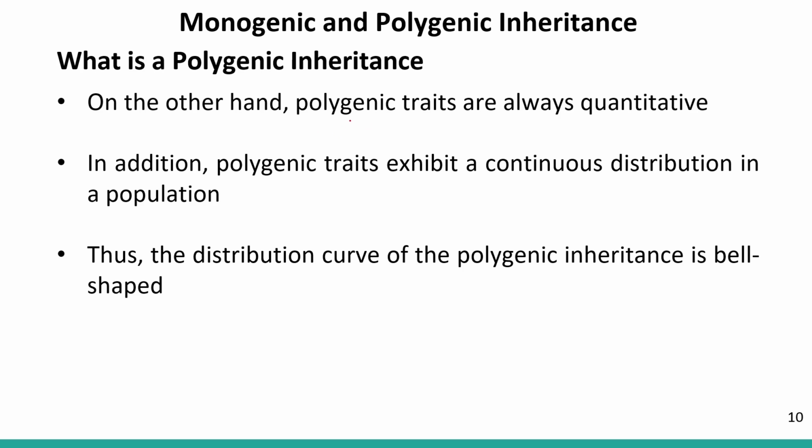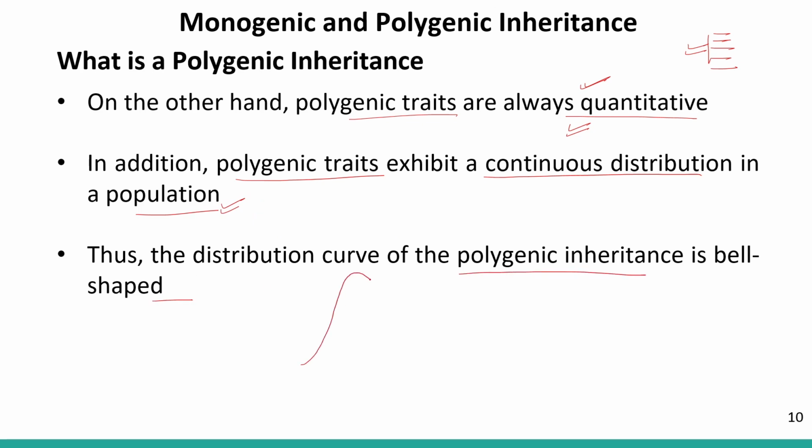On the other hand, polygenic traits are always quantitative. That is, they can be quantified. So that is called quantitative. We will see how we can say that a particular trait is quantitative. In addition, polygenic traits exhibit a continuous distribution in a population. Thus, the distribution curve of polygenic inheritance is bell-shaped. So in this form, we have a polygenic inheritance curve like this.